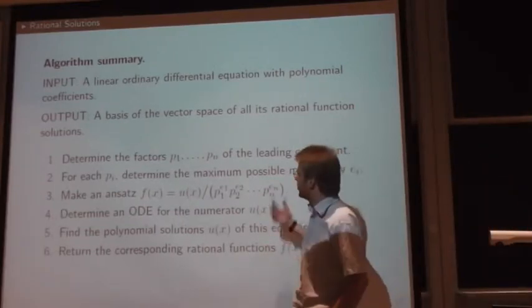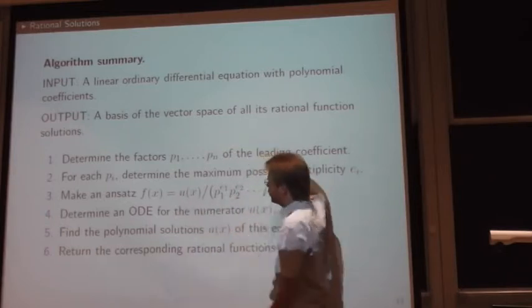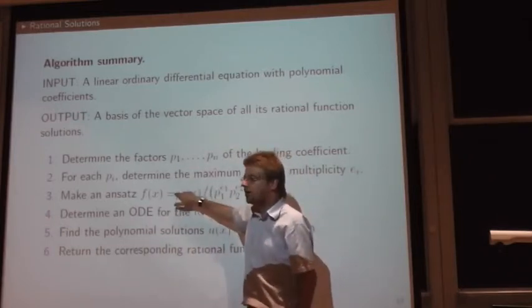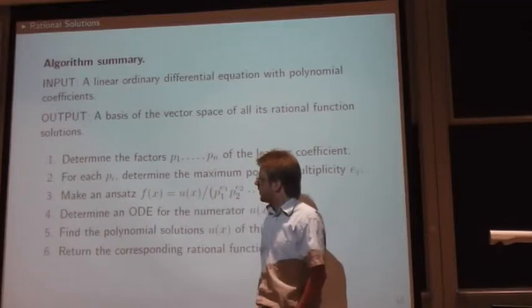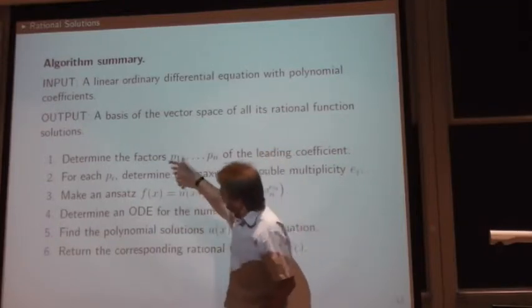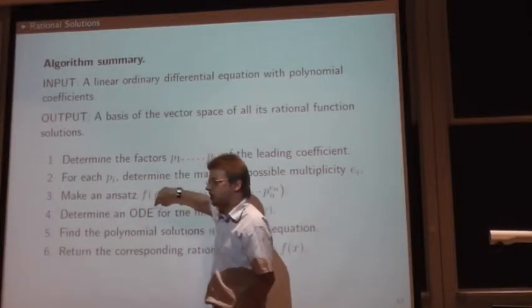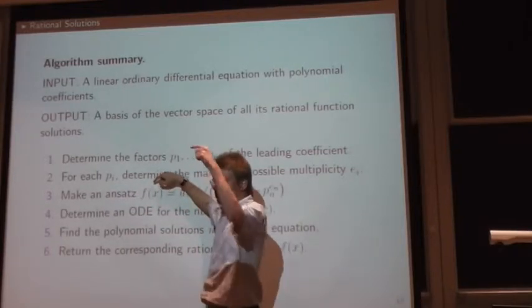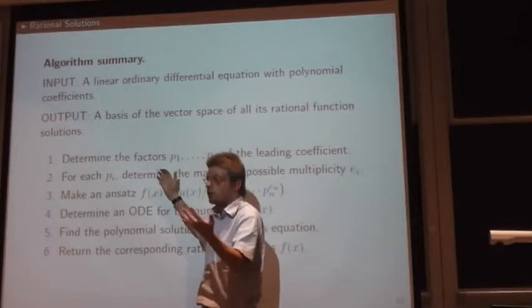Yeah. So you say every solution must have this form, and there are still some parts which you don't know. In this case, the u. So given the general idea, you're trying to find specifics from that general idea. No. So you say you're searching for a rational function solution. For a rational function solution, you need a numerator and a denominator. And a priori, you don't know what it is.